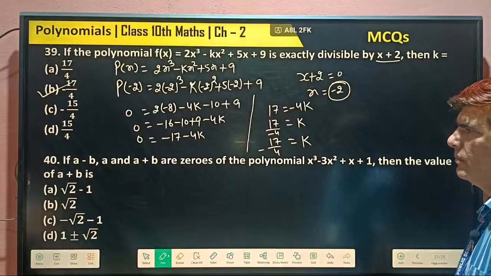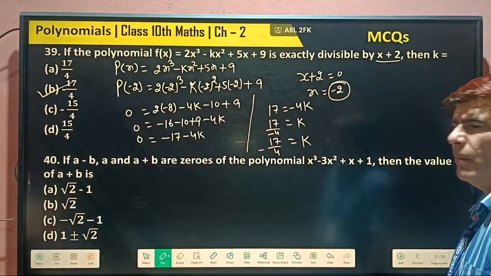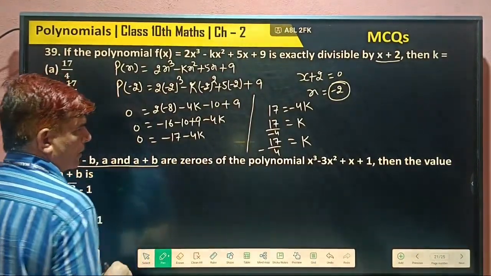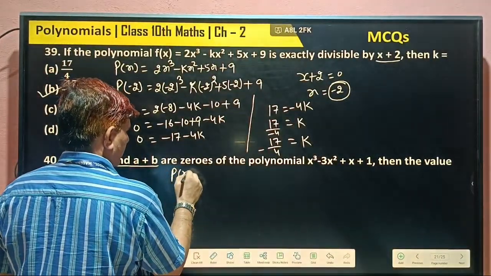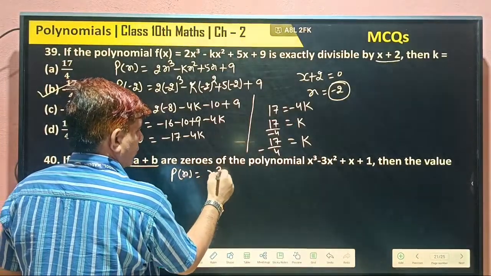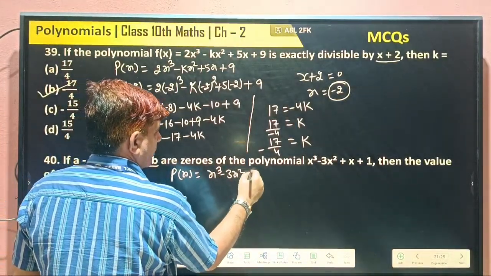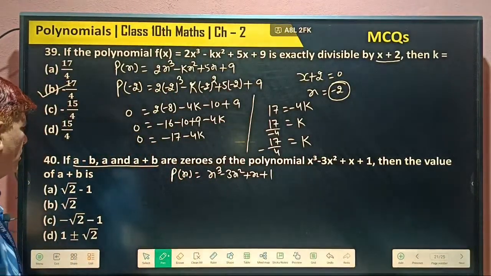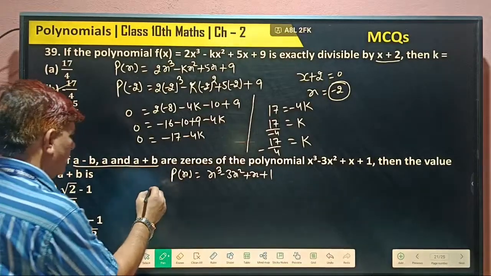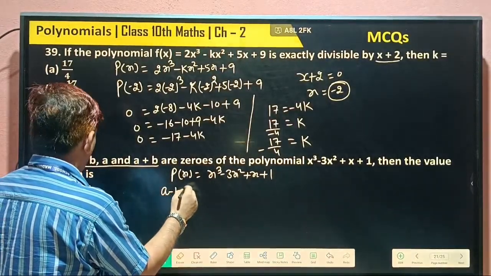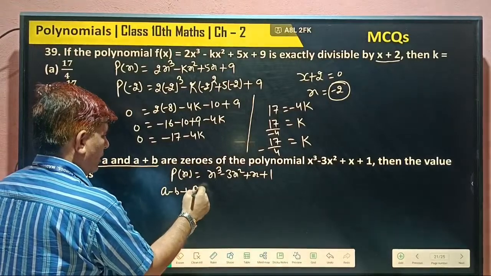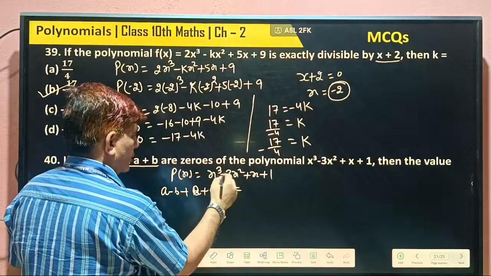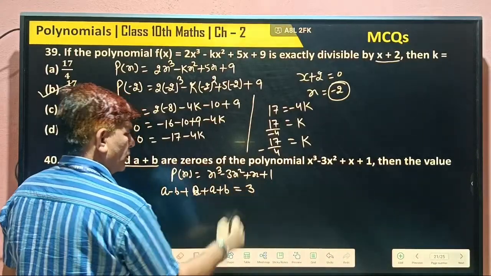What is given? a minus b, a, a plus b are in AP, and the polynomial is p(x) equals x cube minus 3x square plus x plus 1. Understood? So the sum of the zeros, a minus b plus a plus a plus b, is equal to minus b by a, which is 3.